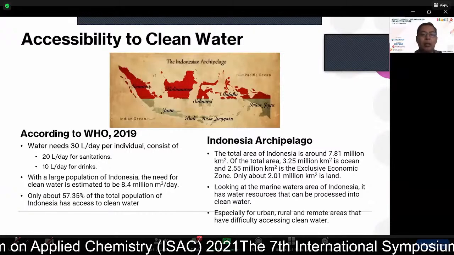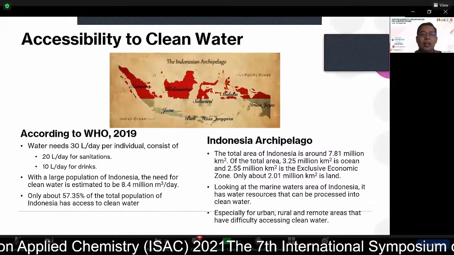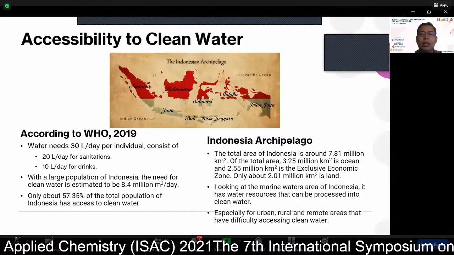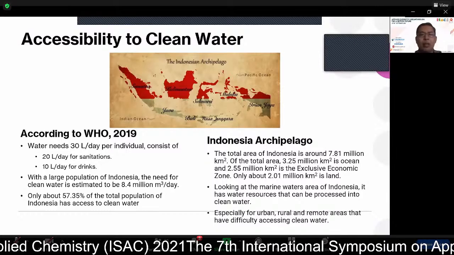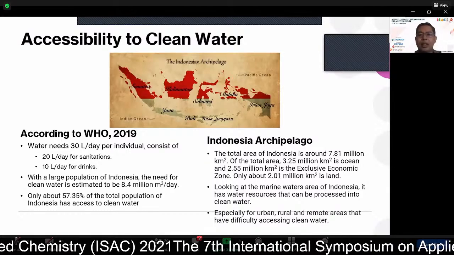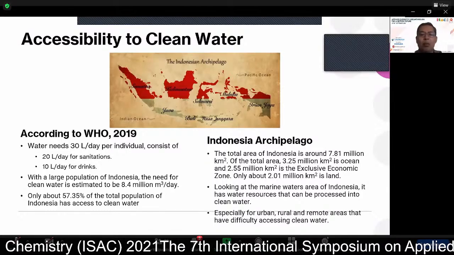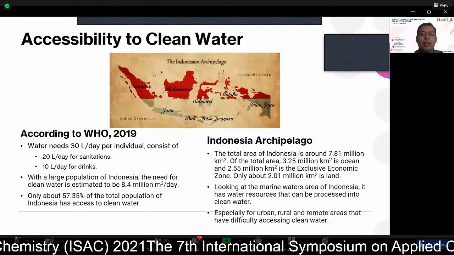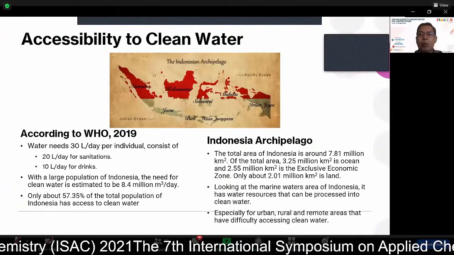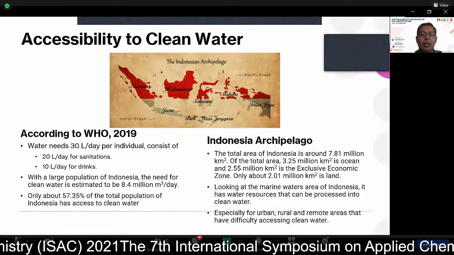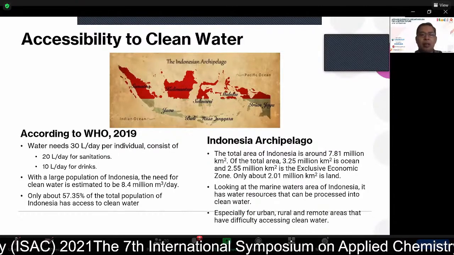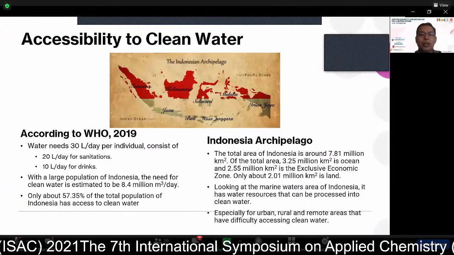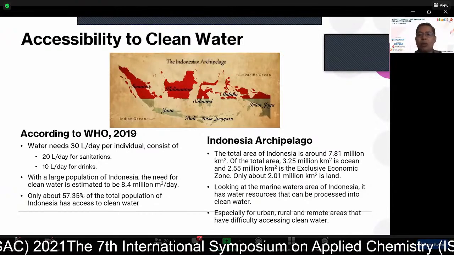According to the World Health Organization 2019, water needs are 30 liters per day per individual, consisting of 20 liters per day for sanitation and 10 liters per day for drinking. In Indonesia, with its large population, only around 50% of the total population has access to clean water.